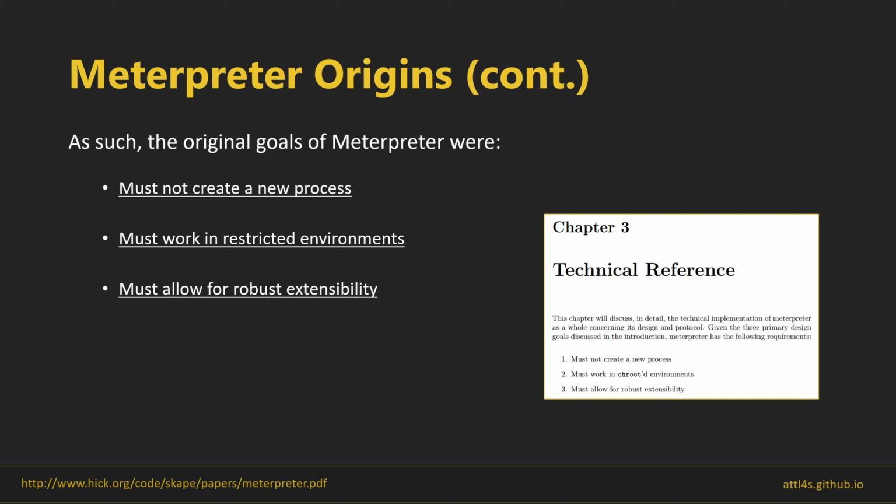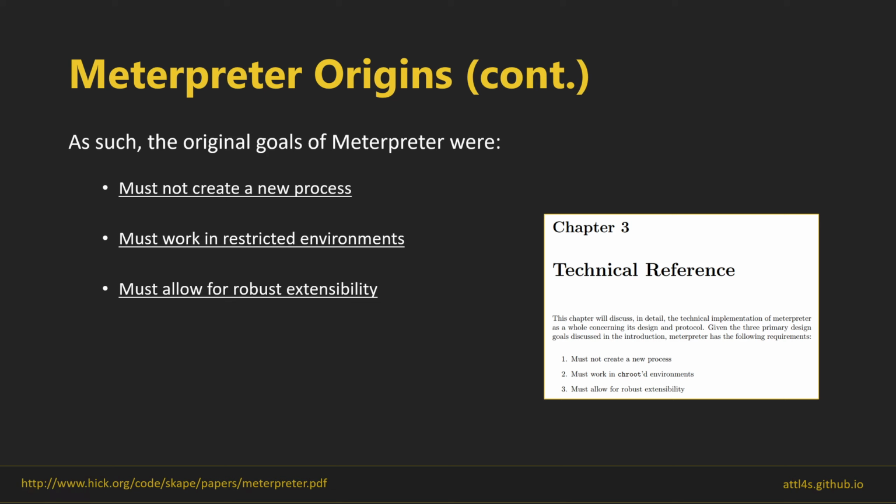If we run cmd, we are creating a new cmd process. But if we run a Meterpreter shellcode or payload within an existing process, then things like AppLocker don't work well protecting that.